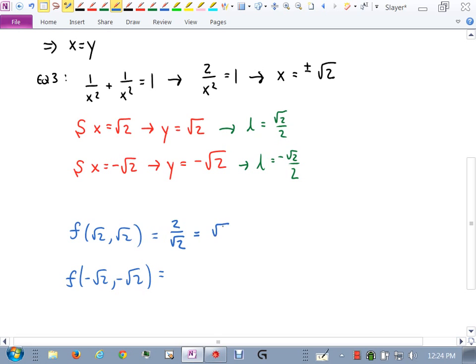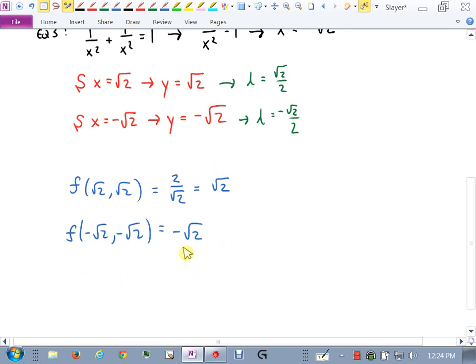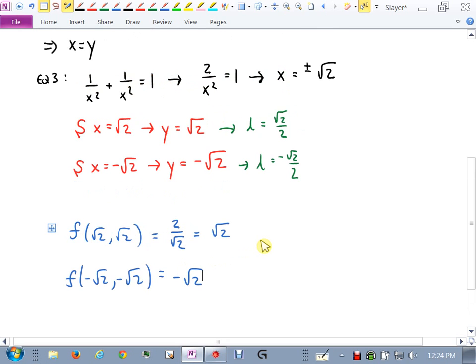That's just root 2, right? Multiply top and bottom by root 2. 2's will cancel. Get root 2 up there. Same thing here. Max and min. Max and min. Take a look at it.